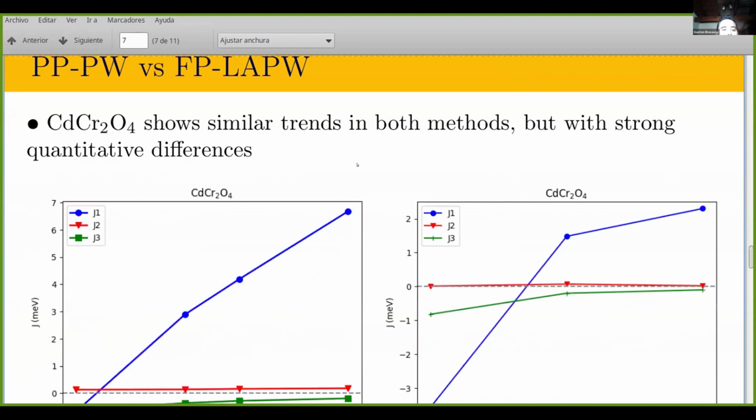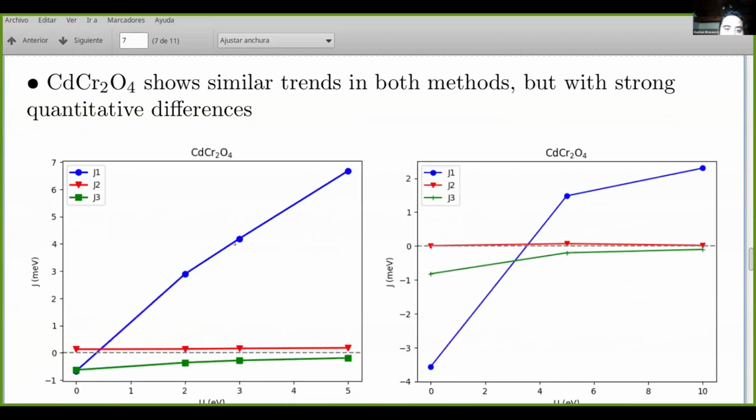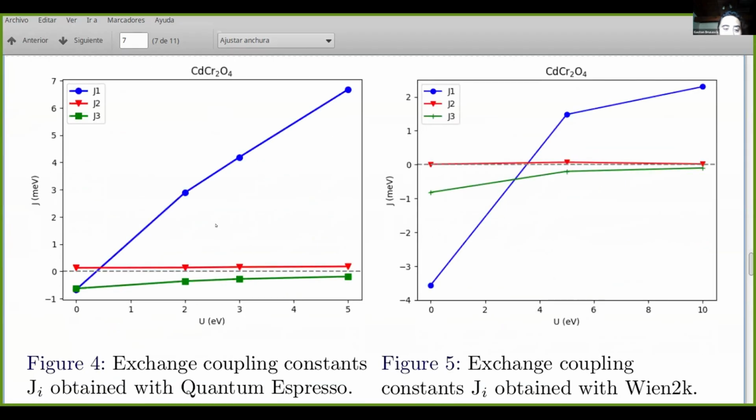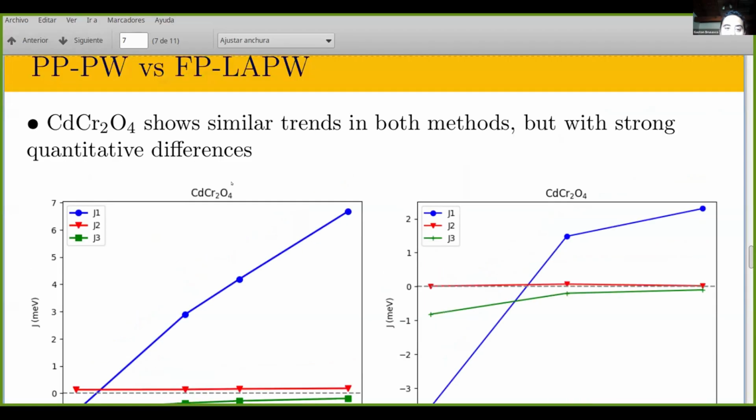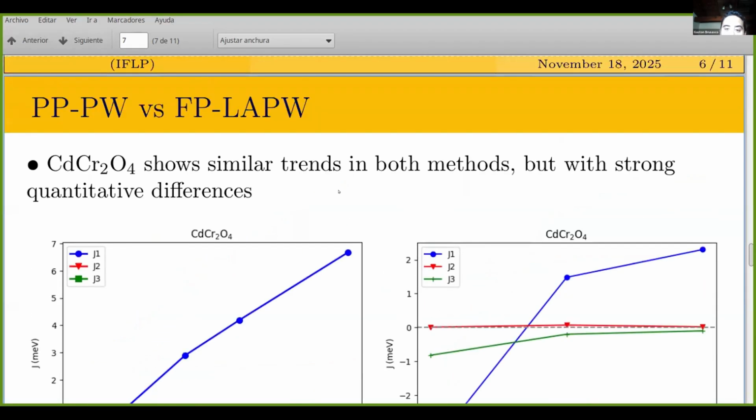Here we see two methods. Here, exchange coupling constants with Quantum ESPRESSO, and here, exchange coupling constants obtained with Wien2k for cadmium chromite. Both methods show similar trends, but with a strong quantitative difference.